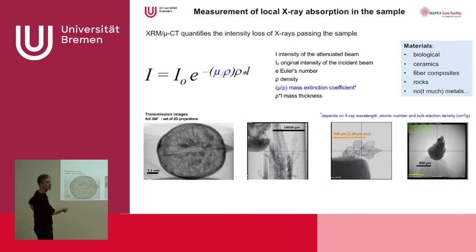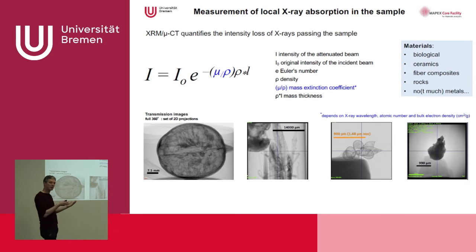And this kind of absorption is mostly related to the mass extinction coefficient, and that depends on the X-ray wavelength. Okay, it's always the same, but if we have material contrasts, of course, in the same scan, it depends on the atomic number and bulk electron density. So it's a kind of density.